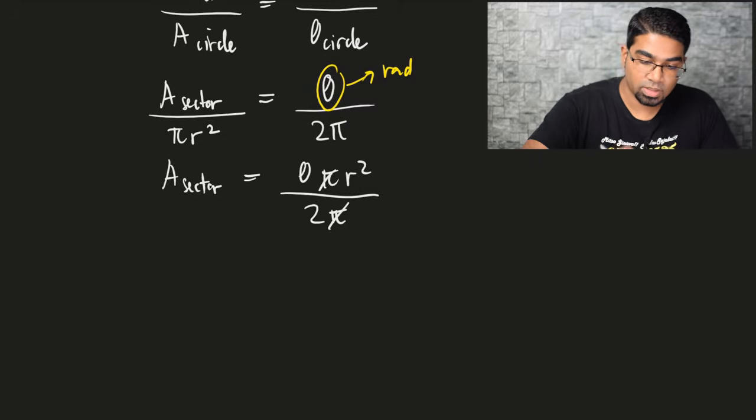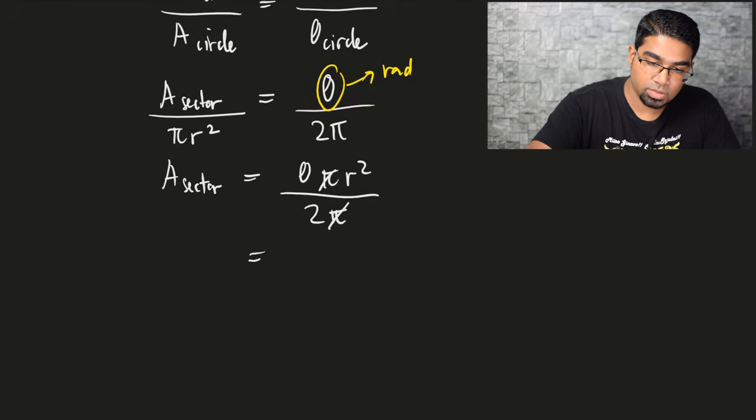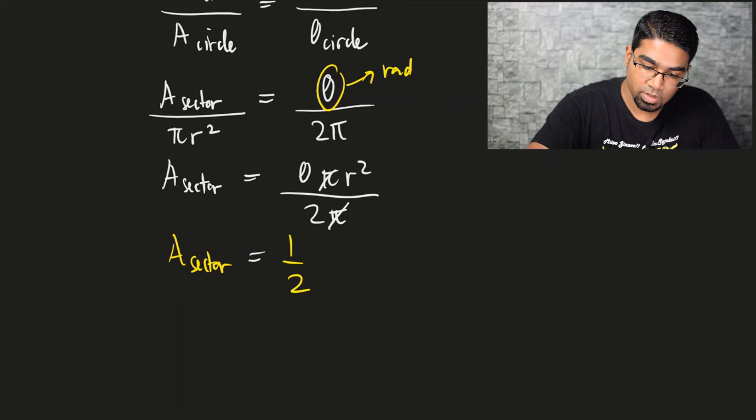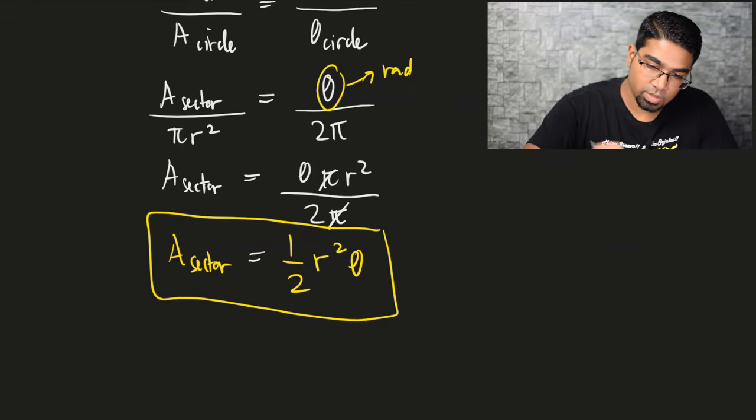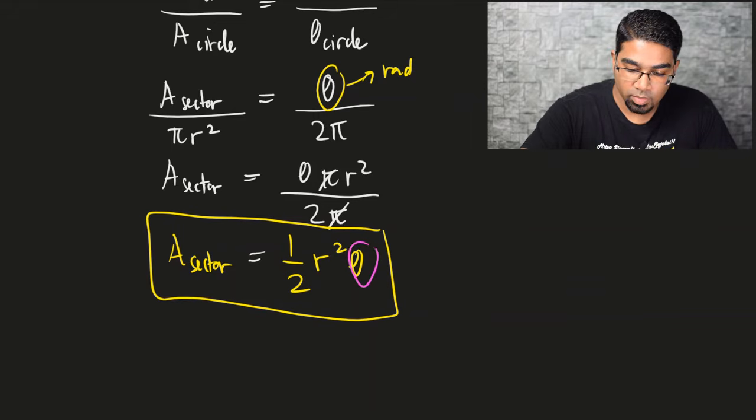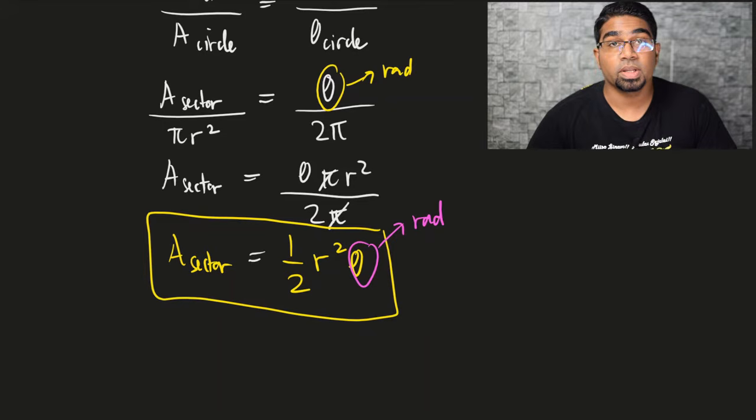Now all that's left here is we rearrange this to be area of sector is equal to half r square theta. This is the formula for area of sector. Remember, this value of theta must be in radians. It cannot be in degrees for us to apply this formula.